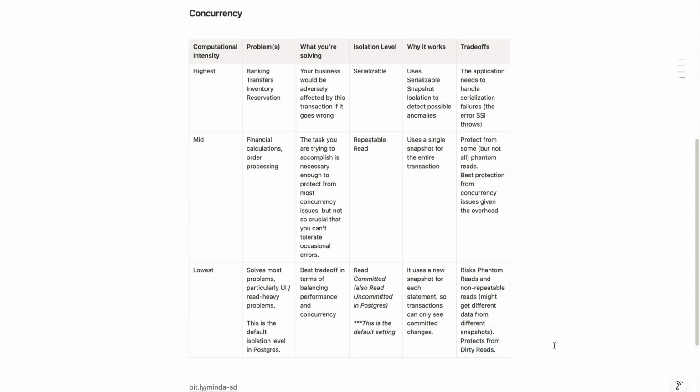So this means that at the lowest level of transaction isolation and the default level, the data being read could change in the course of the transaction, but we're okay with it because maybe it's just something like showing a user's social media feed or something like that. So not something that's going to have an adverse consequence beyond annoying people if something goes wrong.